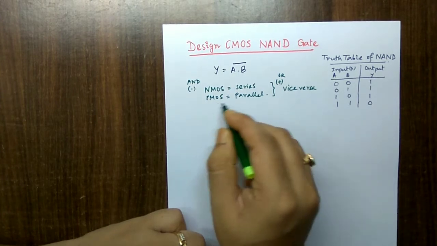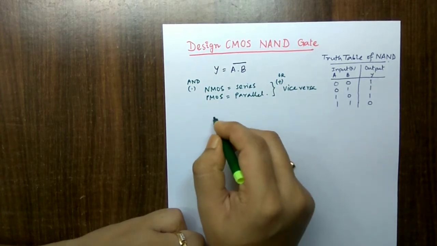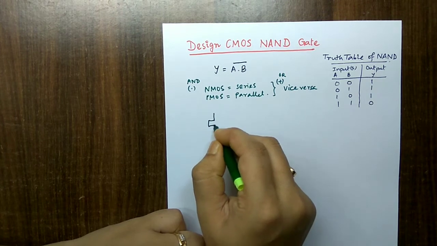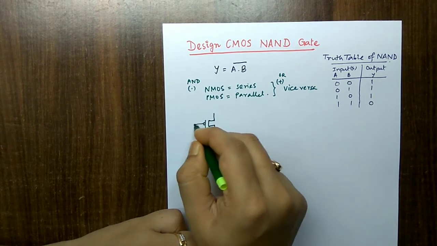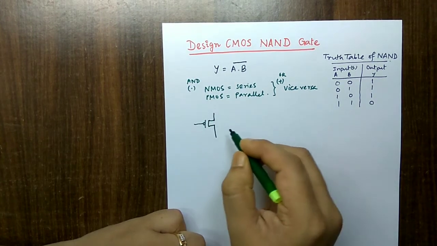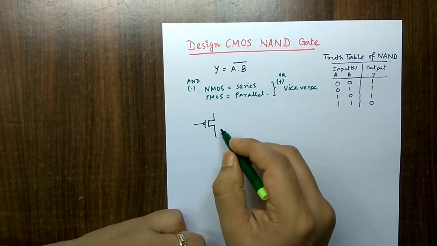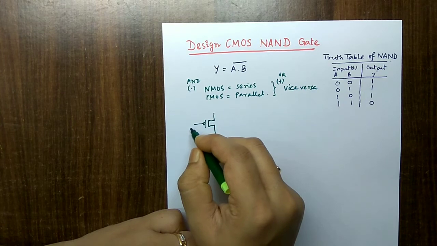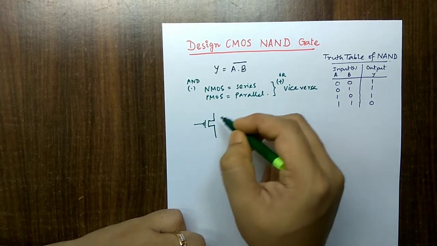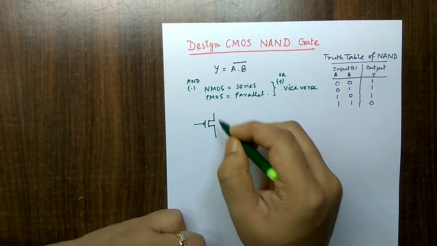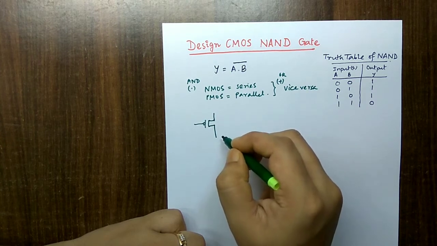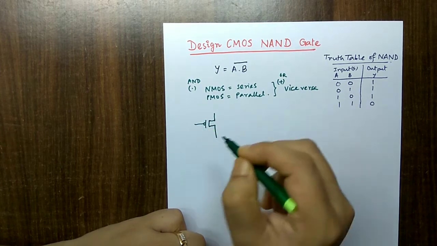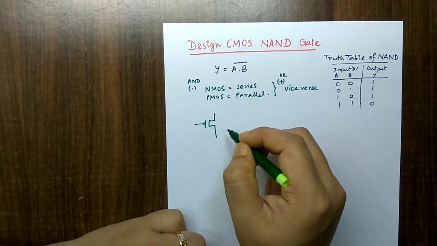Here will be 2 PMOSes, so I am drawing this. This is the basic circuit symbol of a PMOS, with one bubble. This is the gate electrode and the other terminals are the source and drain.